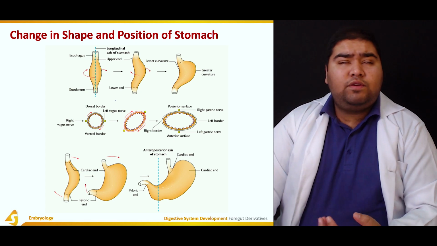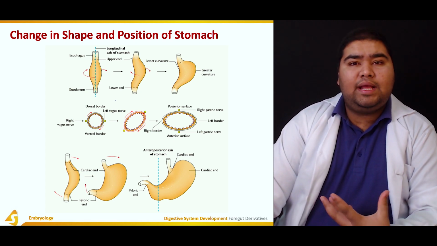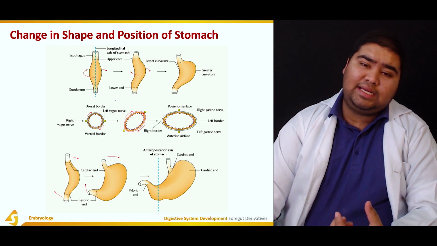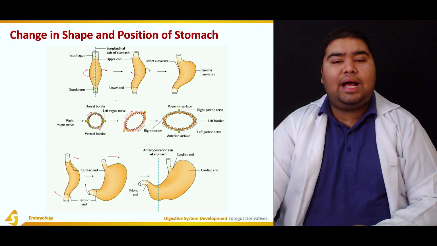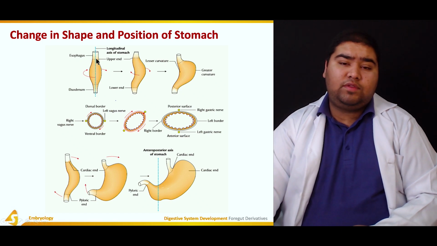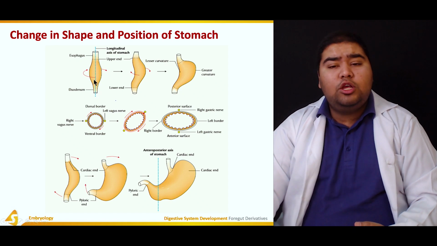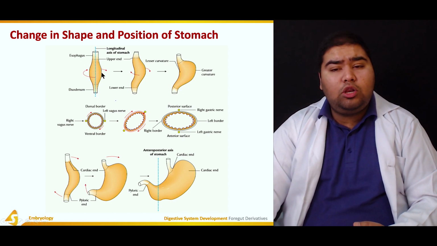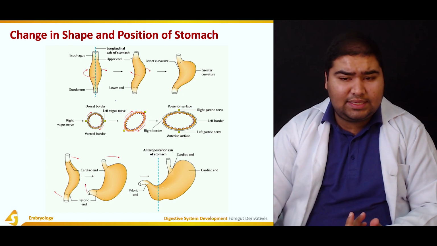Now there are two types of rotations that occur within this developing stomach tube to form the adult stomach. One rotation is along the longitudinal axis, which lies along the two openings, the upper end and the lower end. If both of them are aligned, this forms the longitudinal axis of the stomach. So the first rotation is along the longitudinal axis, which spins the stomach upon itself.